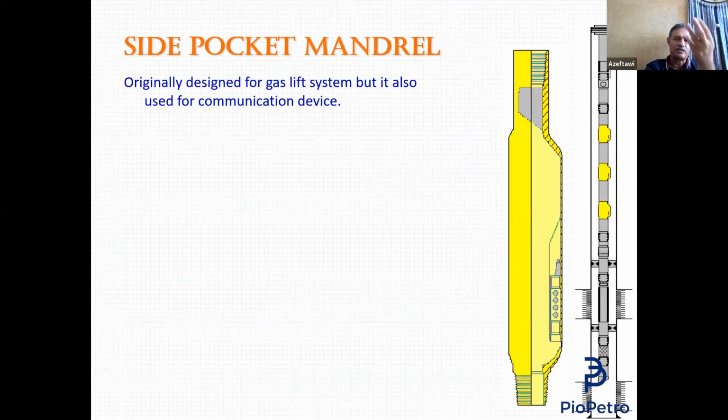All these valves, circulating valve, gas lift valve, chemical injection valve, differential kill valve, all these valves you put in the side Box Mandrel, all of them has a check valve that allows you to have this circulation in one direction only.